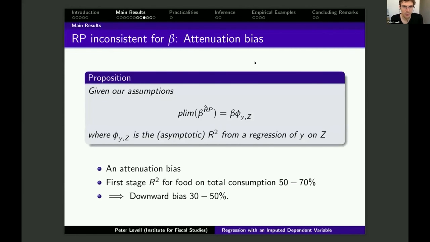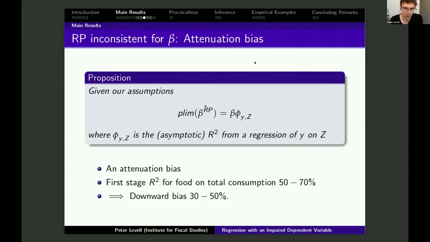And we can actually say more about the nature of that bias. Specifically, you'll get an attenuation bias. The worse the fit of your regression of y on z, the greater the bias in beta. In particular, it's directly proportional to the R squared of that first stage regression.